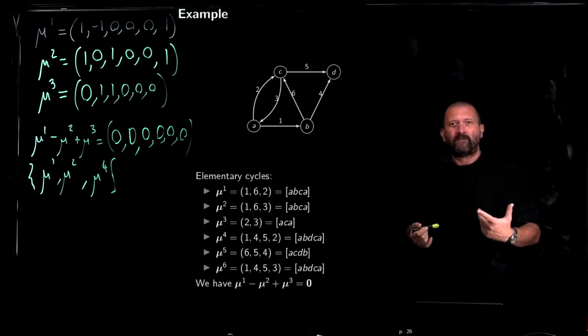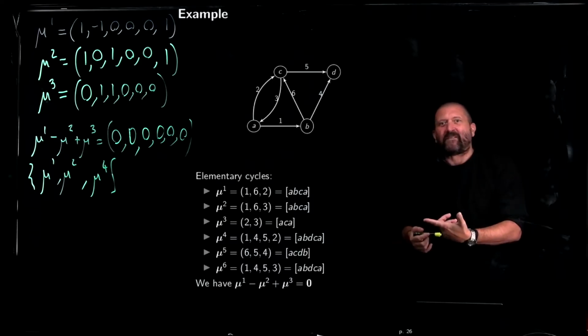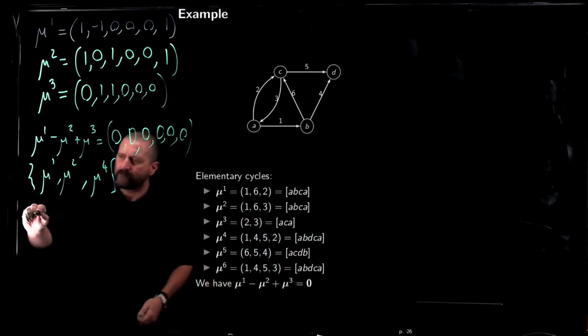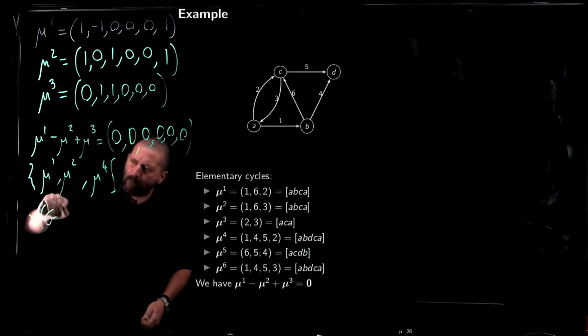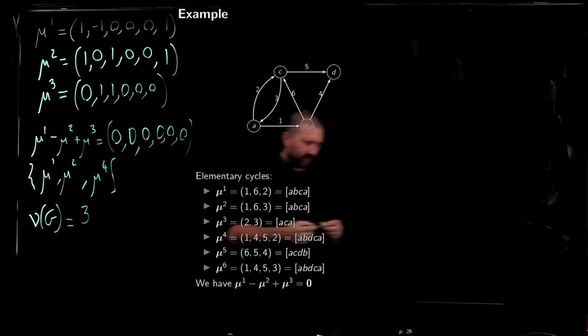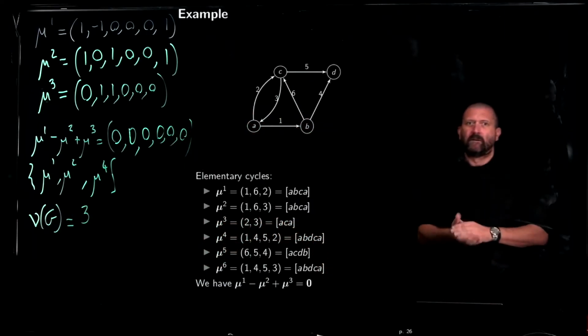And therefore, the cyclomatic number of this graph, nu of G, is equal to 3. Okay?